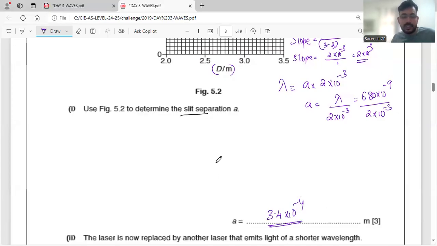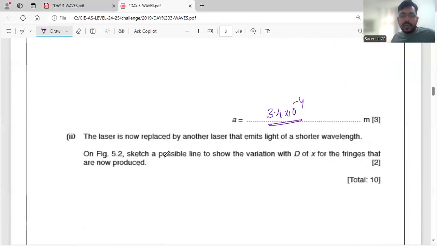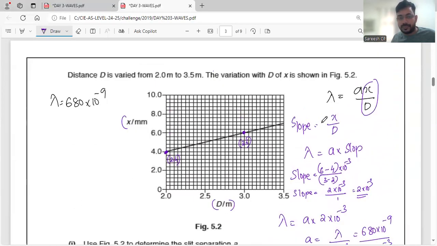That's correct. Now the laser is replaced by another laser that emits light of a shorter wavelength. We can say that it is going to be a shorter wavelength. On 5.2, sketch a possible line to show the variation. Okay. So it's a shorter wavelength.